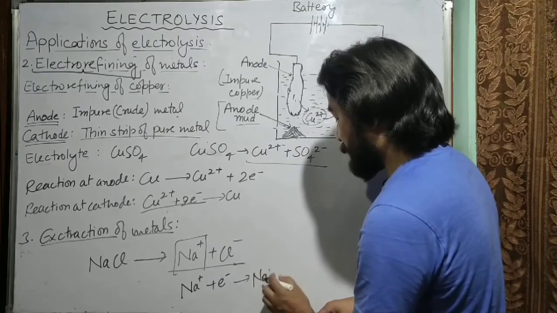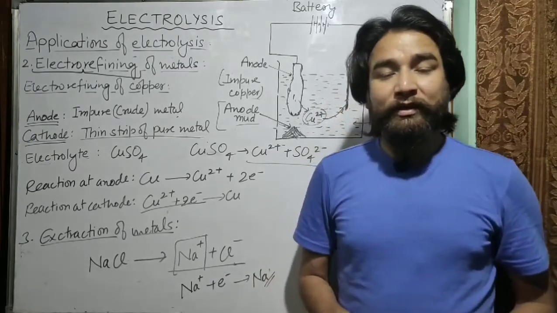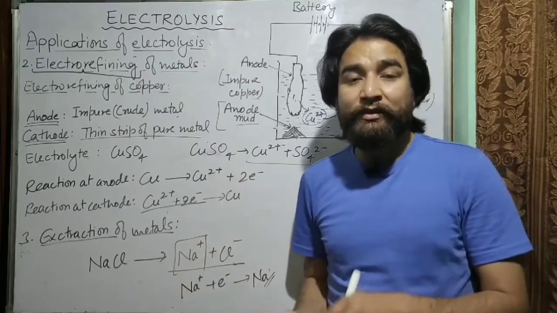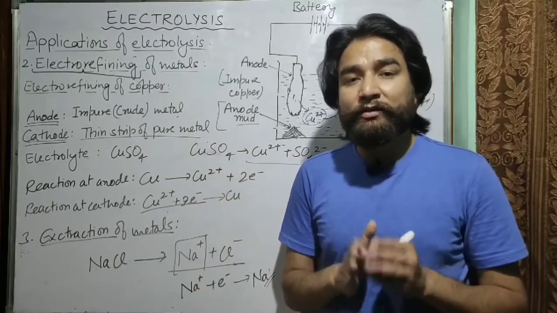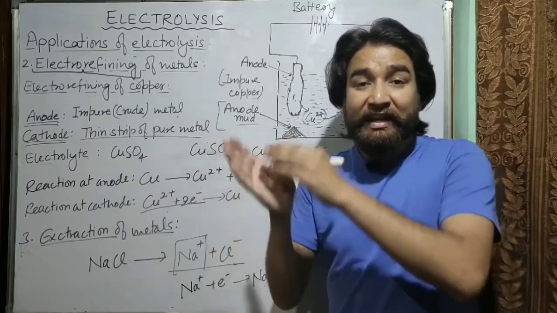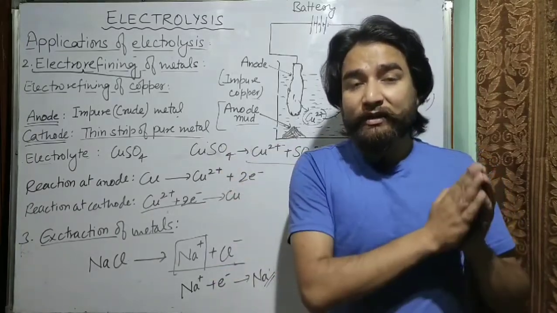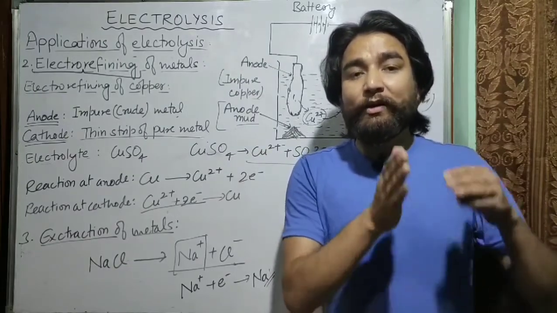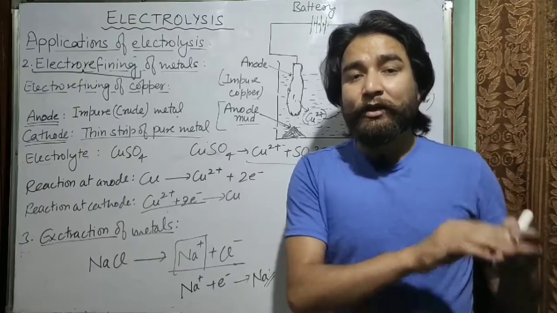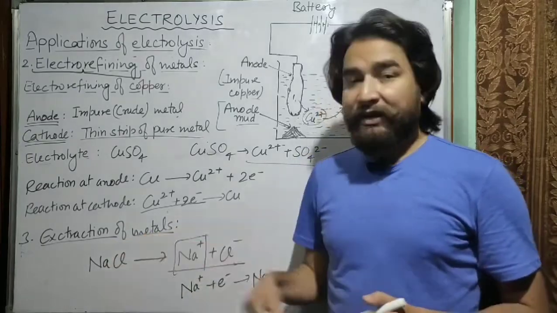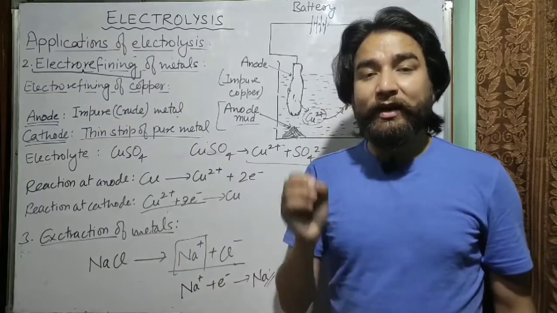So the sodium metal will be obtained at the cathode. Same as we did with the electrolysis of lead bromide: you have seen in that example that lead ions migrate towards the cathode and we obtain lead at the cathode. So in this method we can easily extract the metal, and the metal will always be obtained at the cathode.